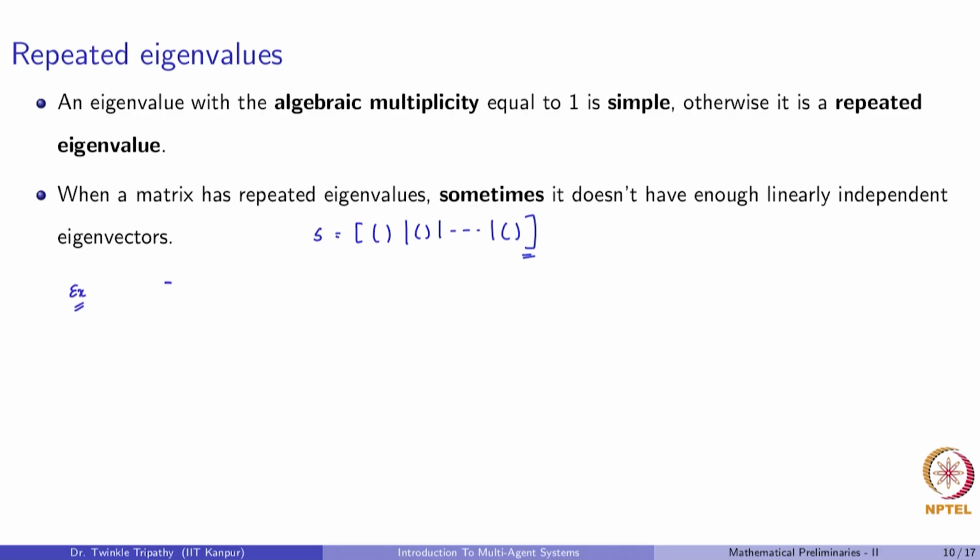Let us consider this matrix. This is a very simple matrix. Since this is in a block triangular form, it is very easy to calculate the eigenvalues. So we know that the eigenvalues are simply 1, 1, meaning 1 is a repeated eigenvalue whose algebraic multiplicity is equal to 2. Let's try to calculate the eigenvector here.